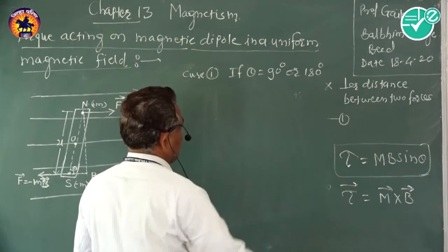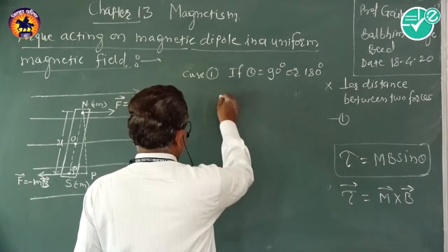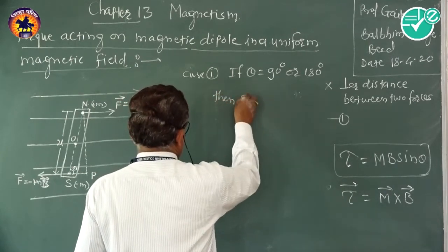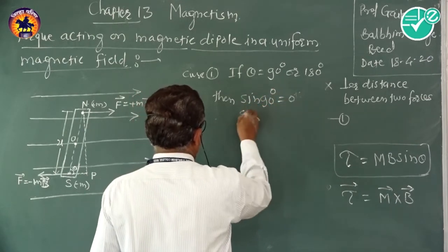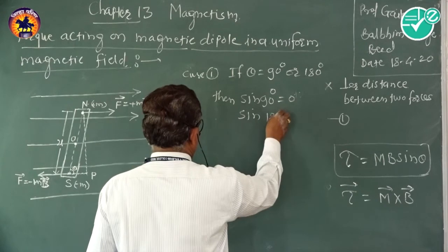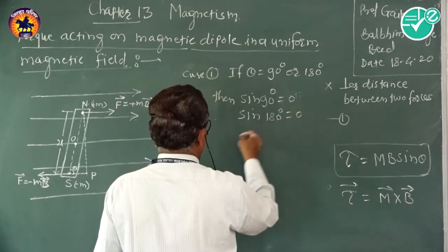If theta is equal to 0 degree or 180 degree, then sin 0 degree is equal to 0 and sin 180 degree is also equal to 0.